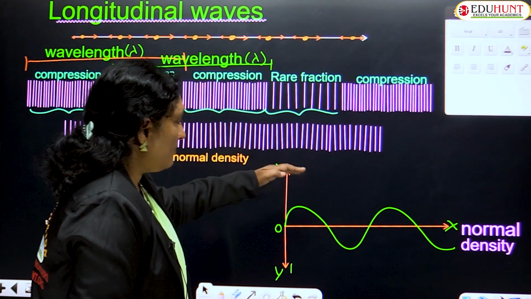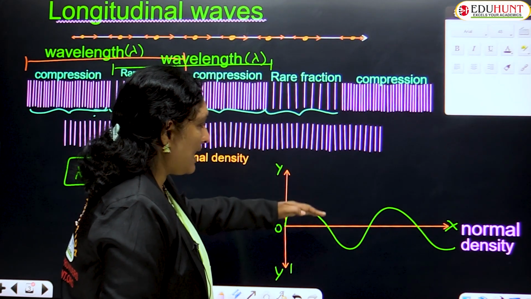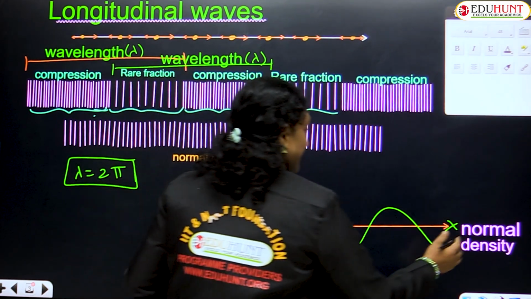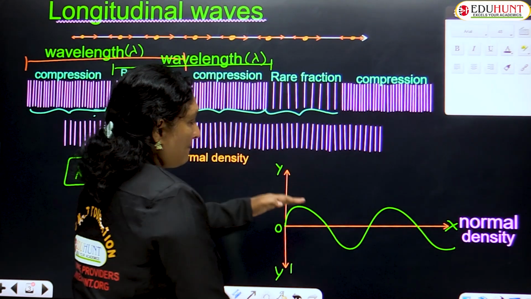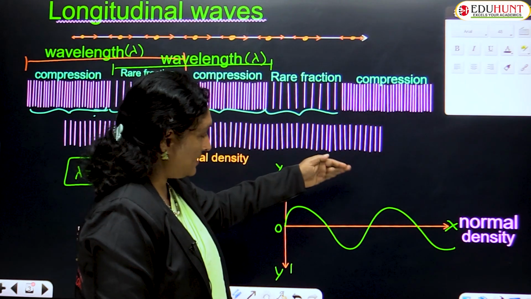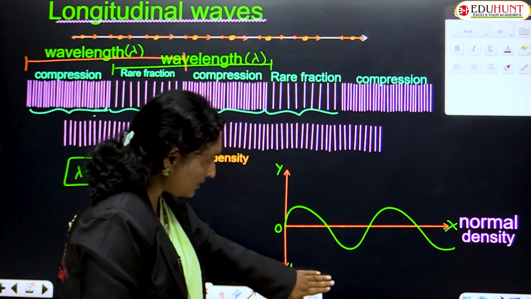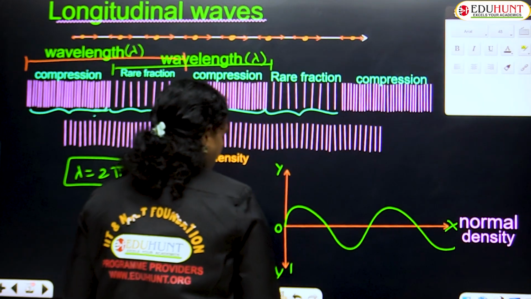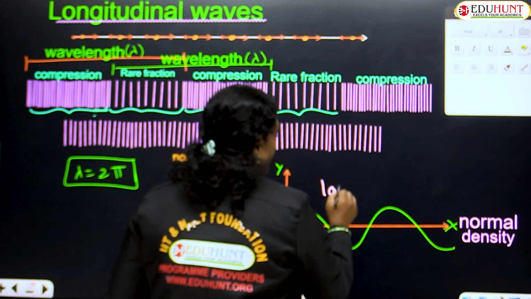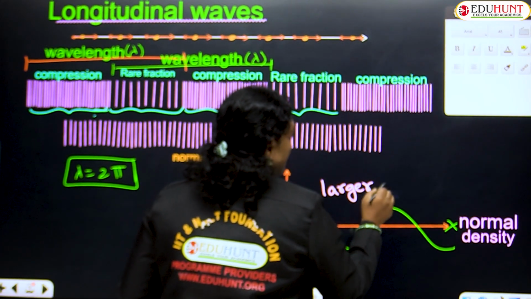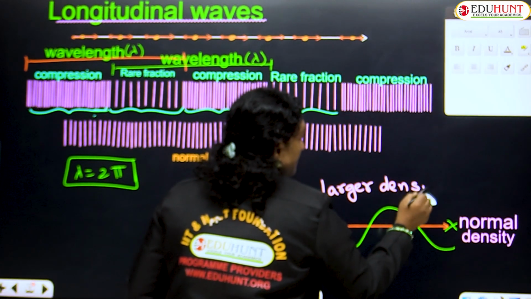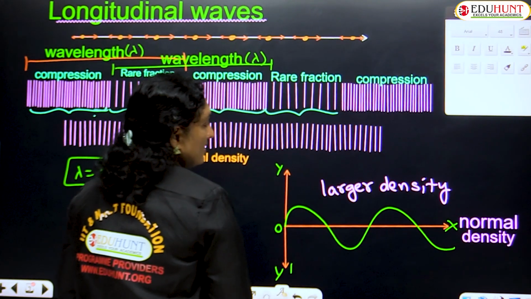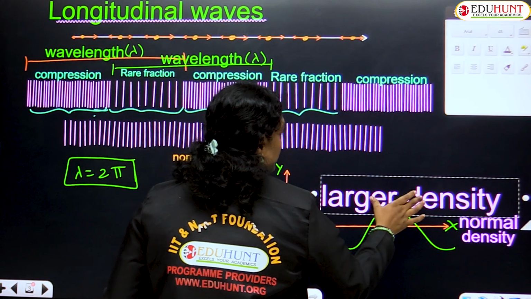All the particles above this normal density line are comparatively of larger density, and all the particles below the line OX are of smaller density. So above the line are larger density, whereas below the line represents smaller density.